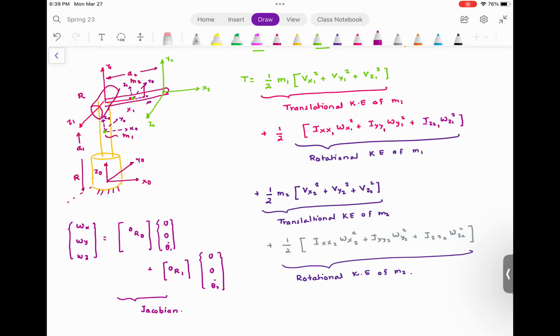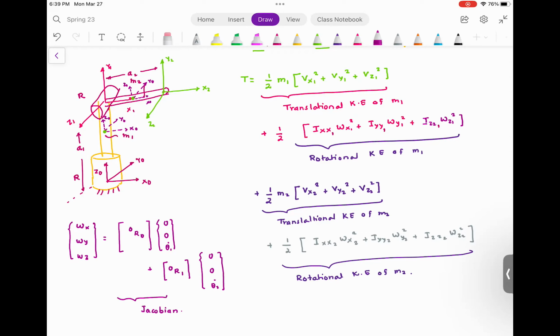Now, I'm going to write down each and every term, okay? But before I do that, I want to explain link 2. Now, please understand, in link 2, the centroid is at the distance a2 by 2. You agree with me? The centroid is at distance a2 by 2.